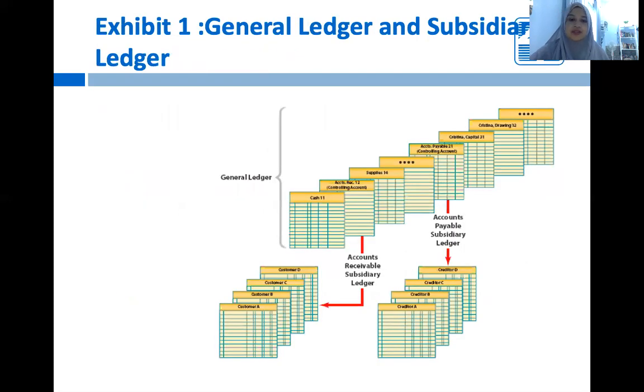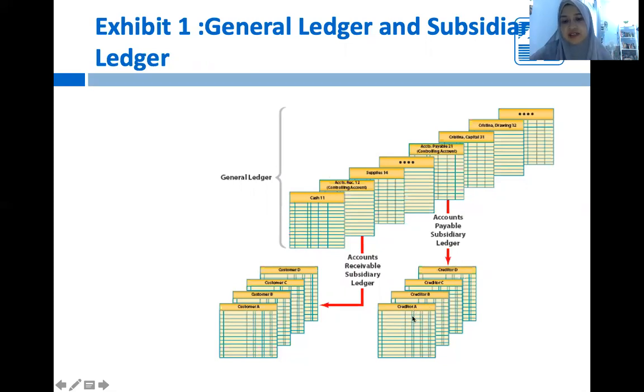Okay, so in this illustration, you can see we have the general ledger, where it contains all the primary accounts of the company. We have cash, accounts receivable, supplies, etc. So accounts receivable in the general ledger is the controlling account for the accounts receivable subsidiary ledgers for individual customers, customer A, B, C, and D, etc. The same thing for the accounts payable subsidiary ledgers.